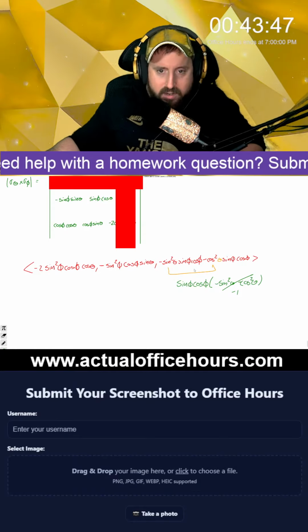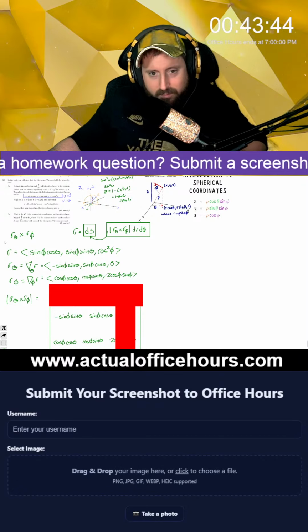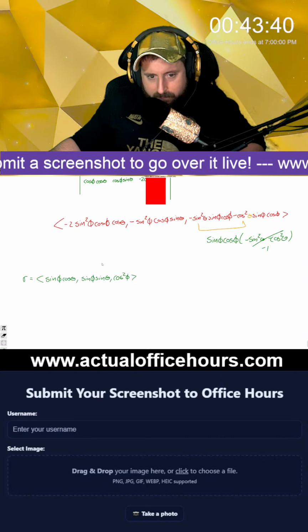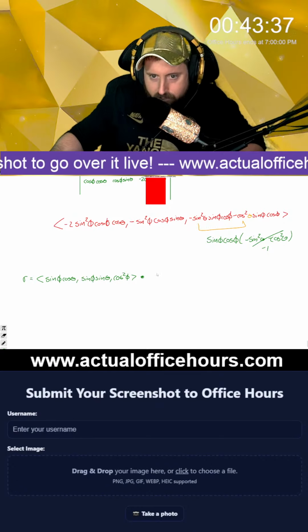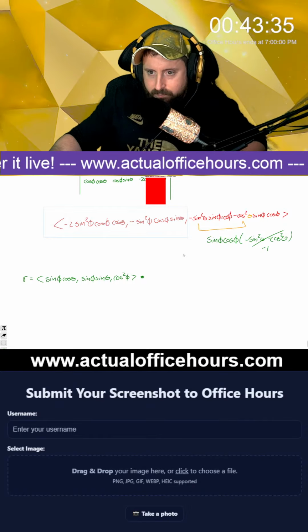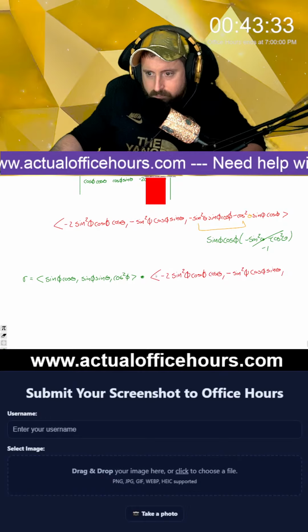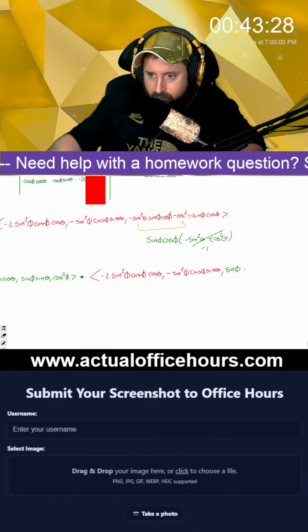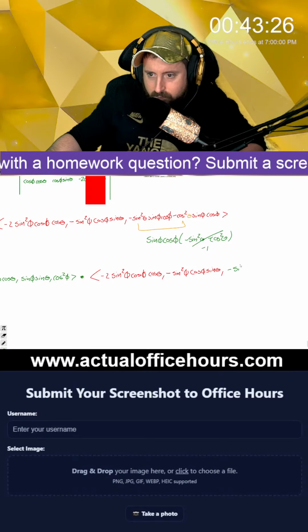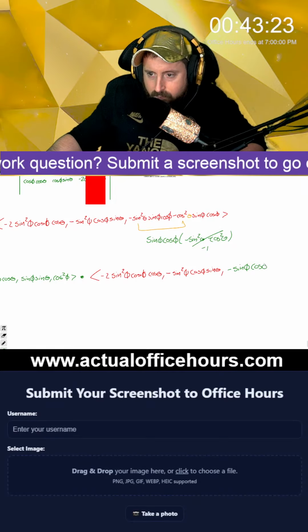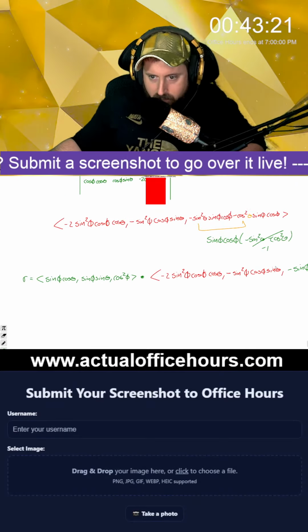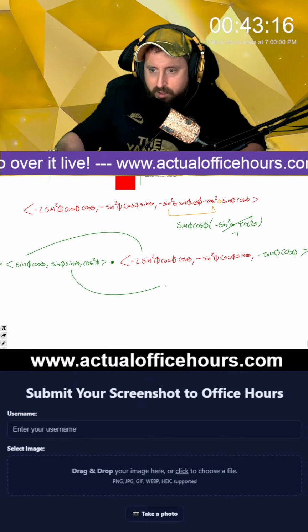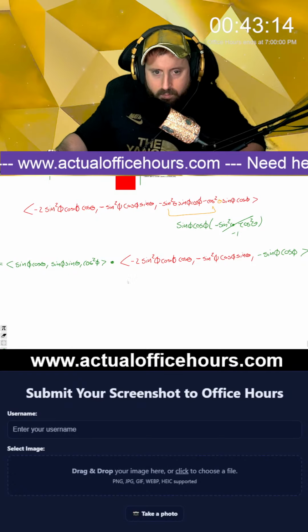Okay. And now I need to dot that with this. Dotted with this huge mess. Okay. From here, right? So you do it like with components, right?